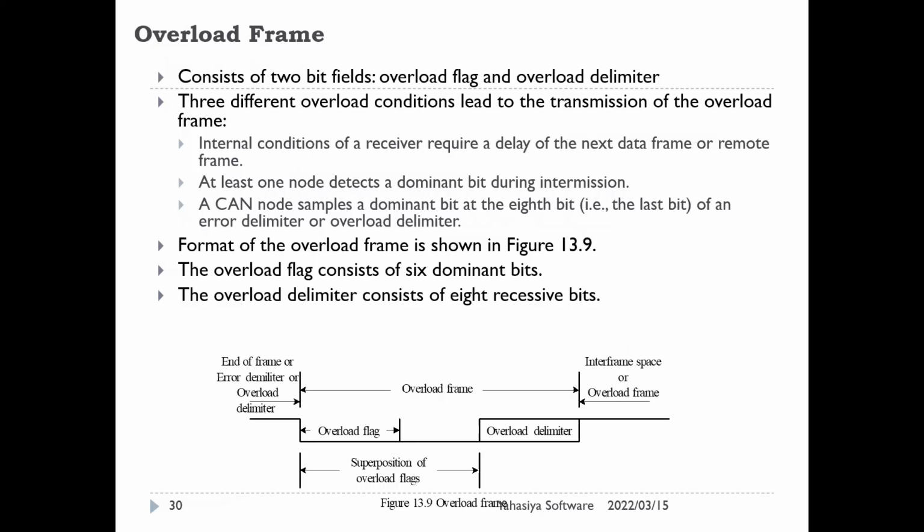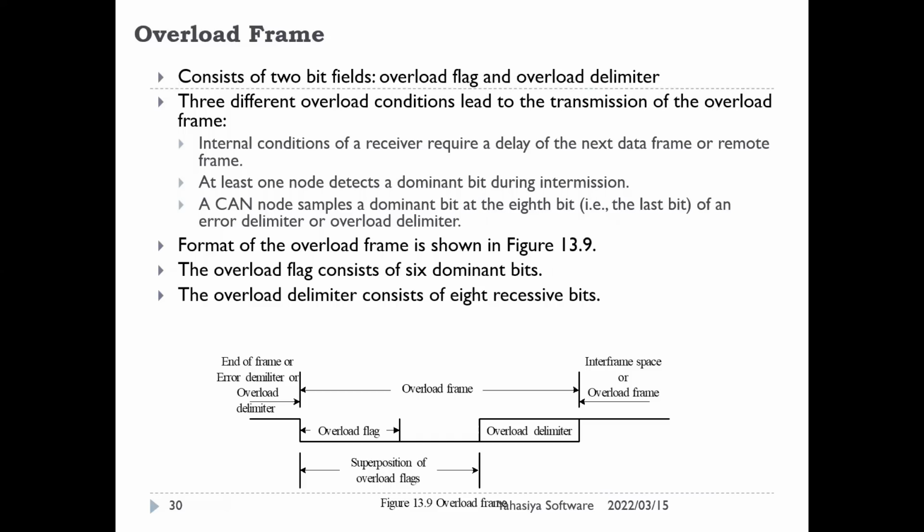Then another special frame. The first frame is the data frame. The second frame is the remote frame. Third is the error frame. Fourth is the overload frame. The overload frame and the active error frame are the same structure-wise. The overload flag also used to have 6 dominant bits and then an 8 recessive bit delimiter.